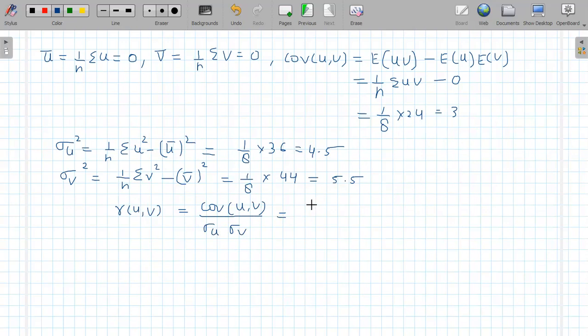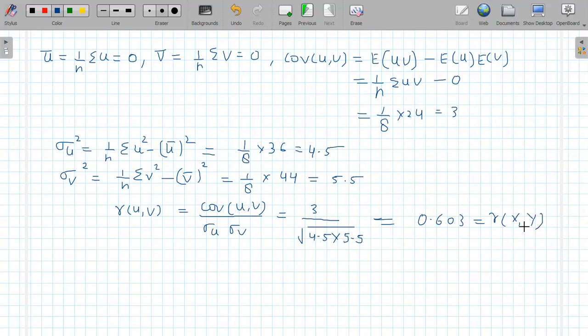So it is 3 over the square root of 4.5 into 5.5, because here we have sigma u square and sigma v square, so we have to take the square root of these two values. So it is equal to 0.603. Since the correlation coefficient is independent of change of scale and origin, it is equal to Rxy.